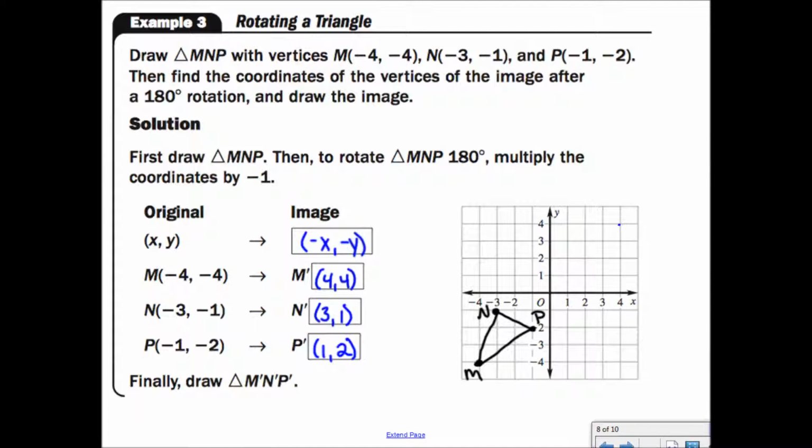So 4, 4, 3, 1, and 1, 2. Connect our dots, and label M prime, N prime, and P prime.